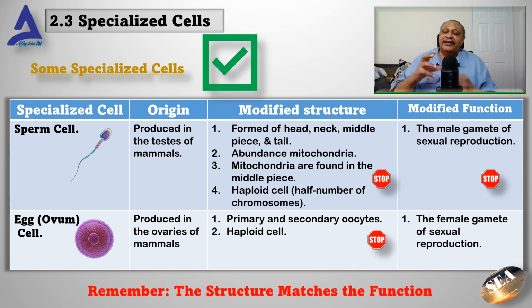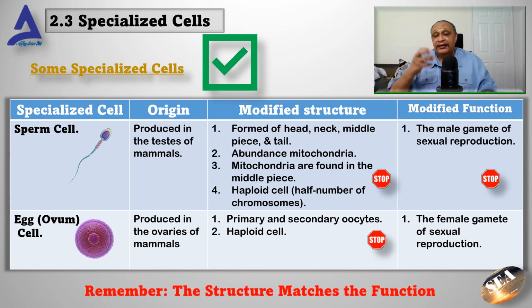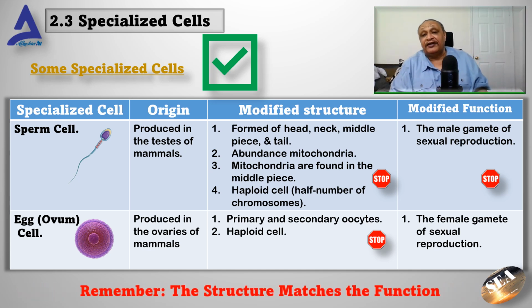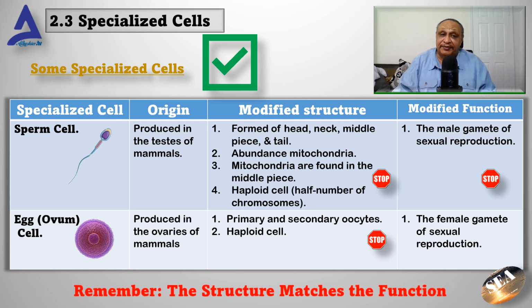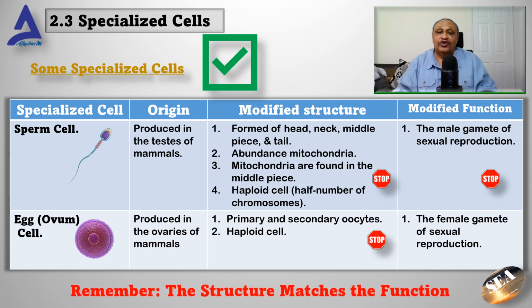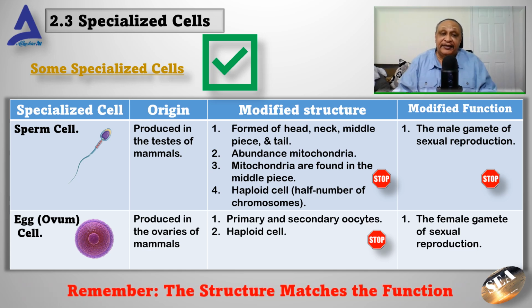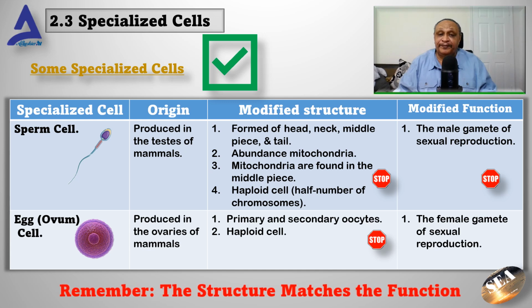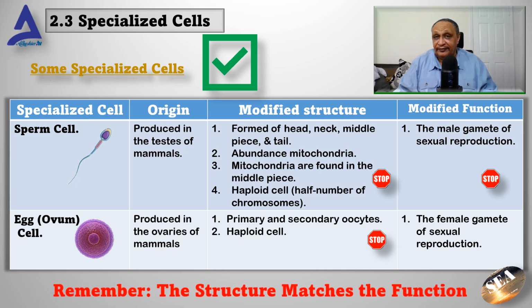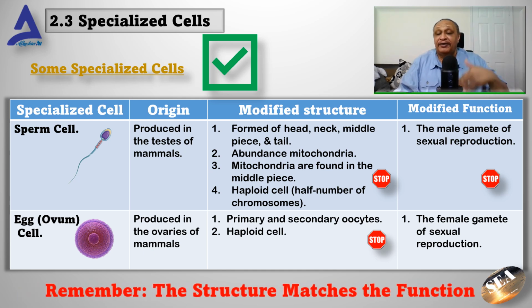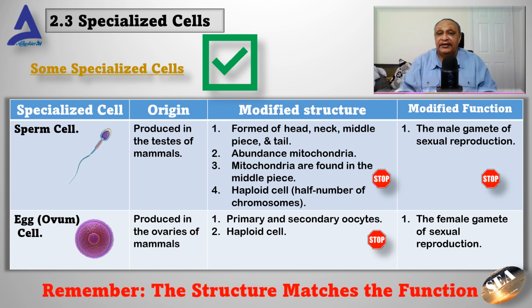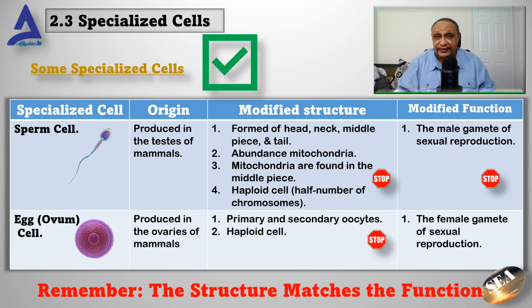Because they are designed to make fertilization. So for this reason, they are specialized cells. Also, the egg cell is a haploid cell. That means it has half the number of chromosomes of the normal somatic or body cell.